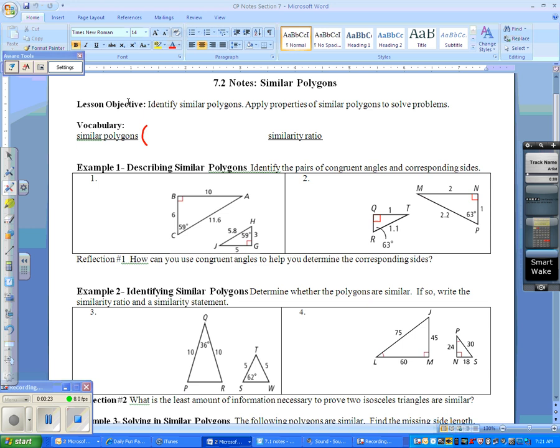Well, just like this symbol means congruent, we have a symbol for similar, and that sign is just a little tilde. So the top part of that congruent sign, this is a similar sign. And this equal sign means equal.